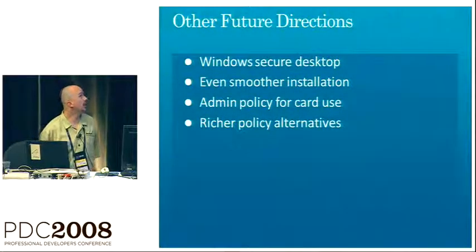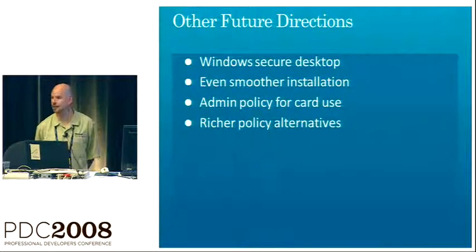And lastly, we're looking at some richer policy alternatives. One of the oft-asked-for things in CardSpace is the ability to specify multiple alternative issuers so that we can give a more focused list of cards to users.